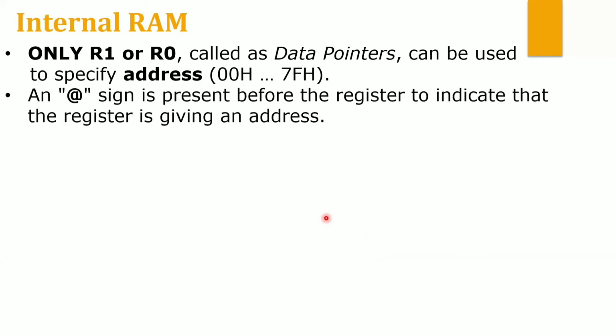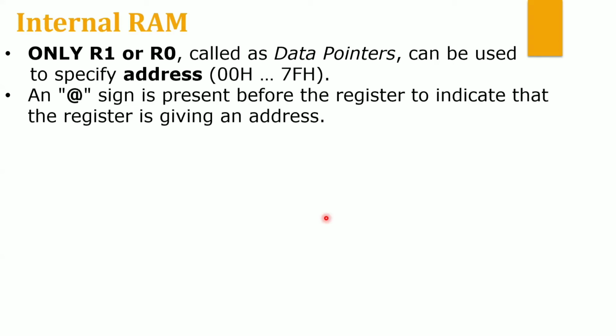Okay. Now there is a different sign we will use in this addressing mode, that is called @. So @ indicates indirect addressing mode. To differentiate between the register addressing mode and indirect addressing mode, we will use the @ symbol. Just as to differentiate between direct addressing mode and immediate addressing mode, we use the hash symbol, right?